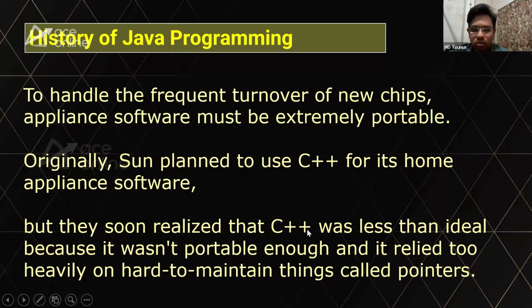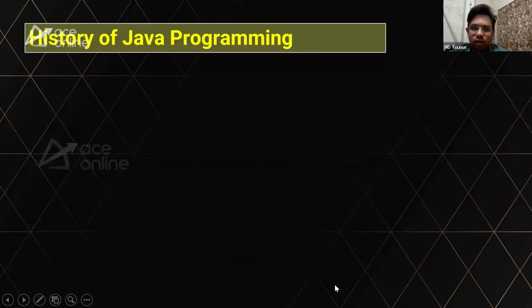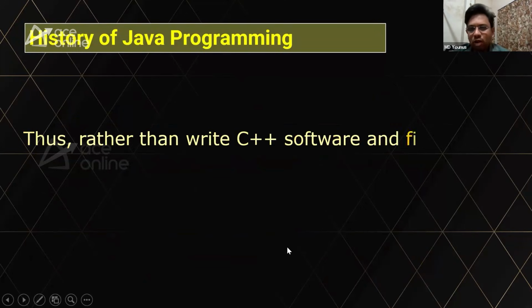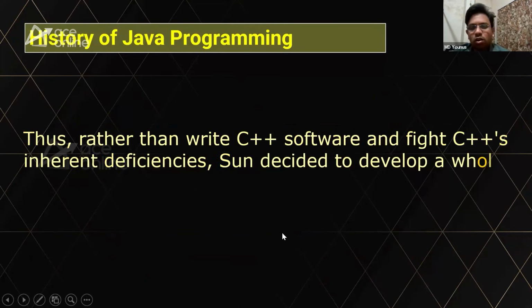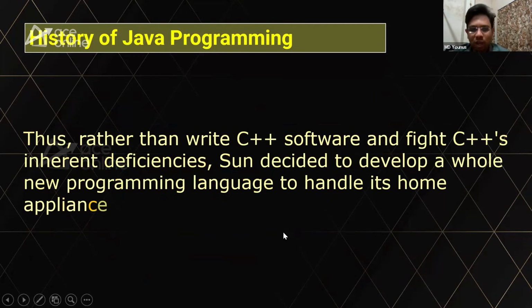One of the main reasons is that it has a lot of complicated concepts that are very hard to maintain, like pointers and operator overloading. So instead of fixing those bugs and making C++ more convenient, they decided to develop a new programming language.